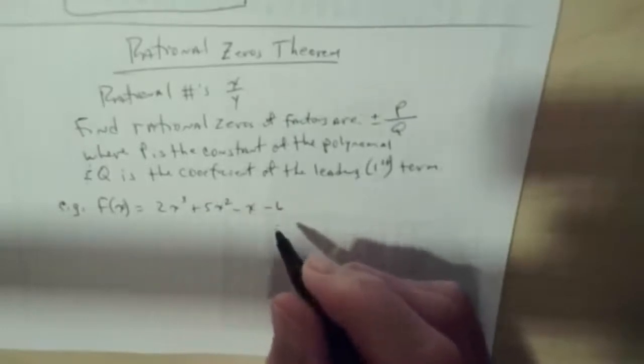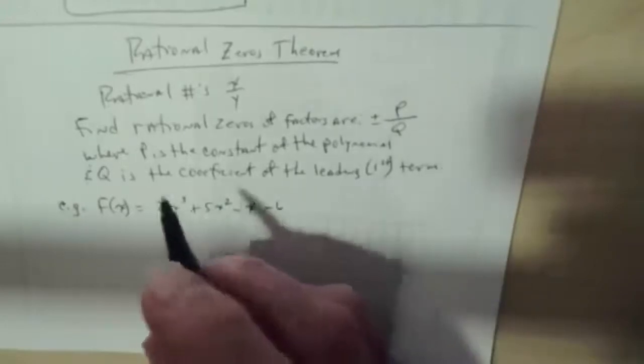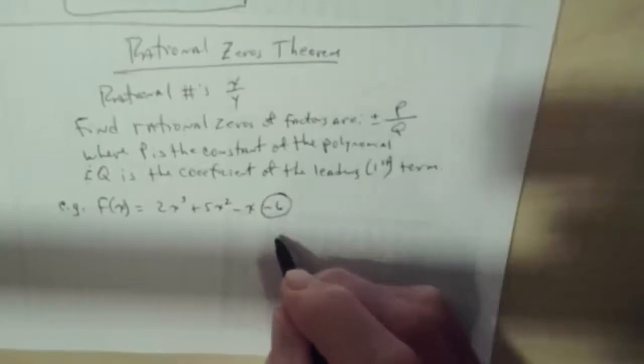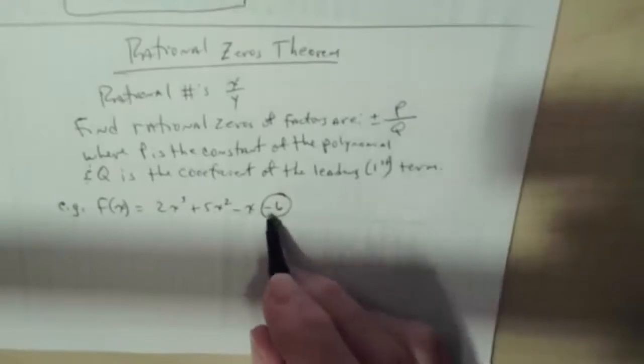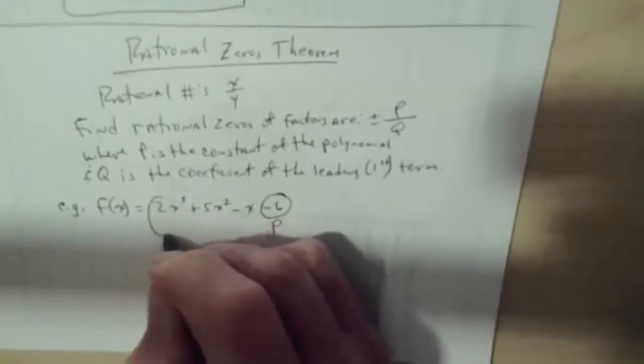Okay, if we have this, this is our P, and not necessarily the negative part, just the 6. And 2 is the Q.